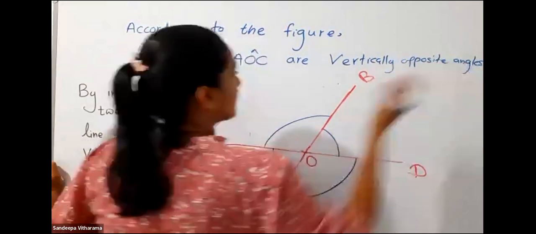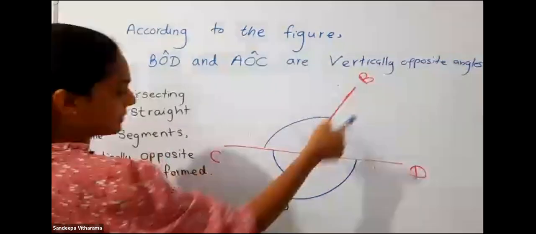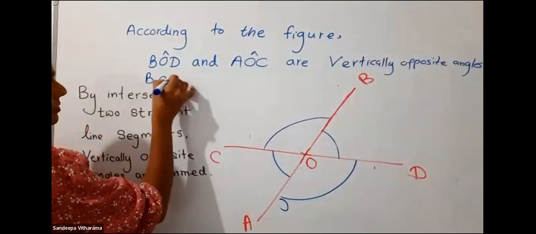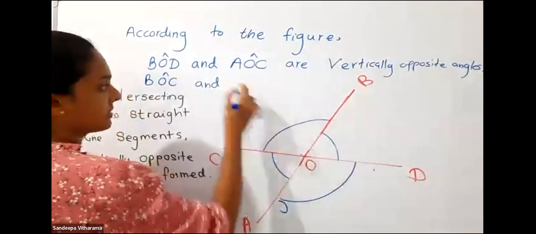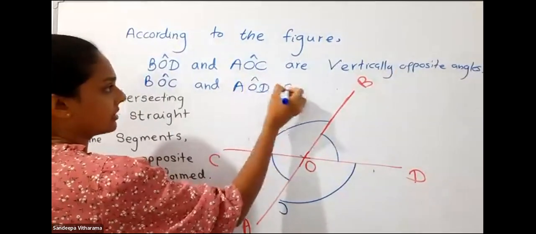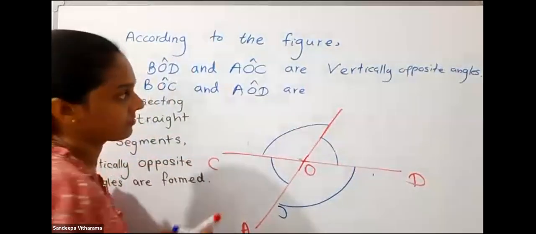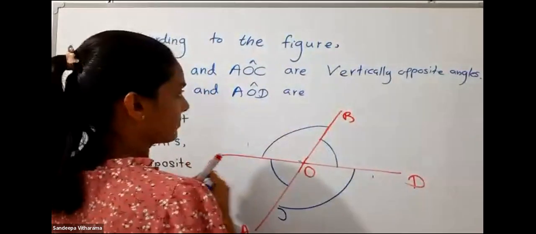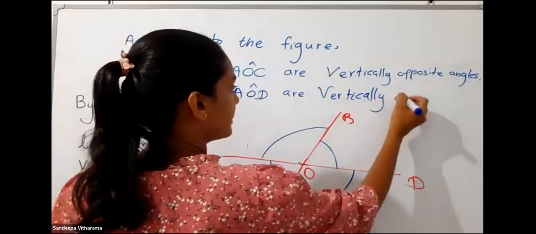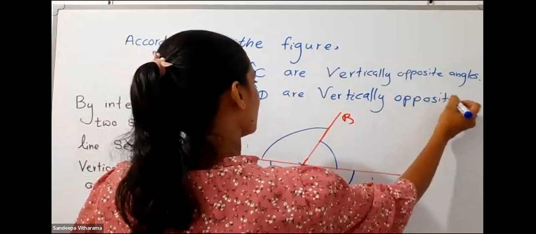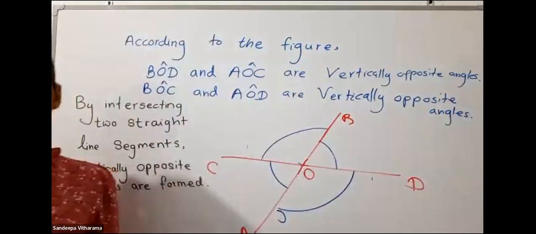Okay. Then after, what are the other two? DOC and AOB are vertically opposite angles. Okay.